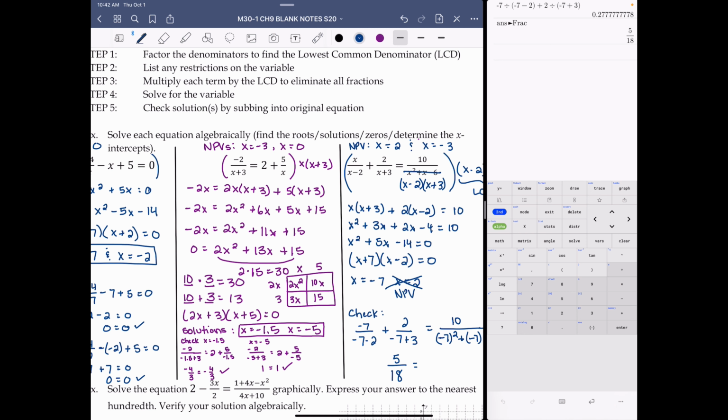Onto the right side, 10 divided by a bracket for the denominator, negative 7 squared, plus negative 7, then minus 6, close the bracket, enter, we get 5 over 18. So yes, the left side equals the right side, which means x equals negative 7 is our solution.